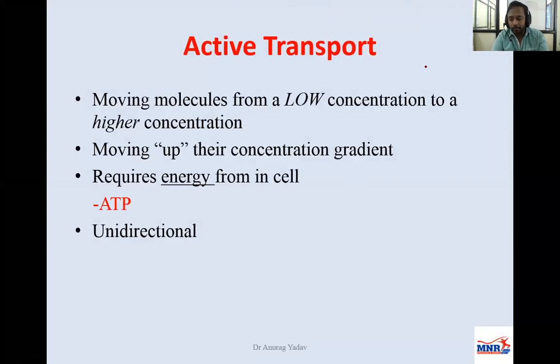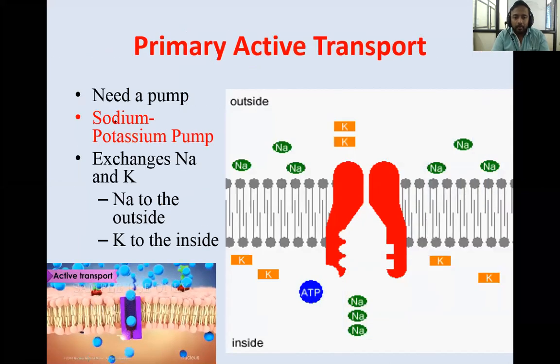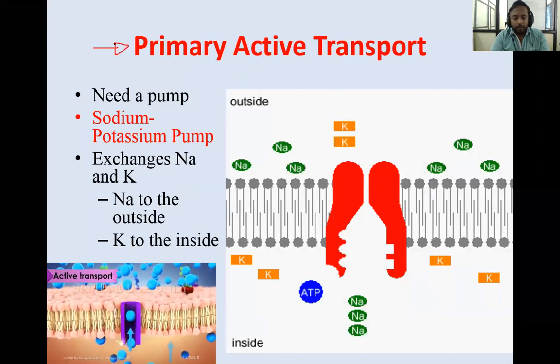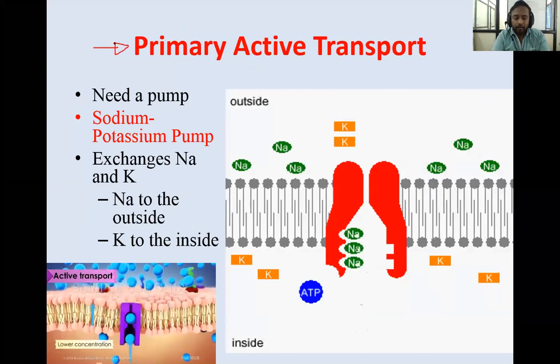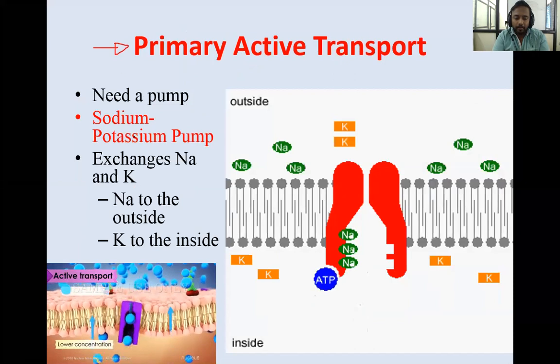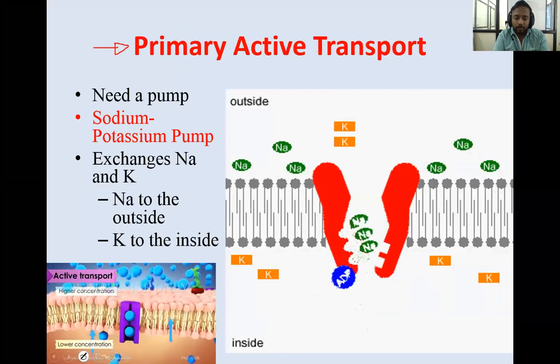Then active transport we have already finished. Active means it utilizes the energy currency. If it does not require ATP, then it is called passive transport, passively, without energy currency. Here we are utilizing the energy currency. One of the most important is primary active transport, where the molecule is transported with the help of energy.